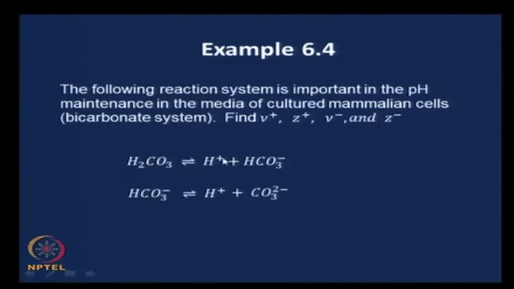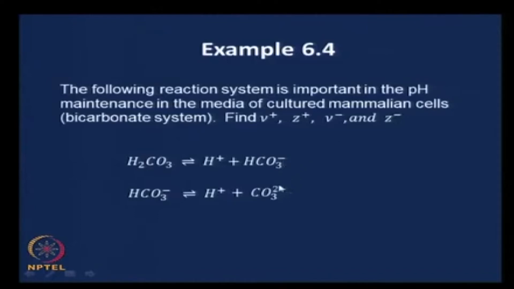There is one charge associated with the positively charged species, therefore Z plus is 1. Nu minus is again 1 here, the stoichiometric coefficient of the negatively charged species, and for Z minus, there is one negative charge associated here.